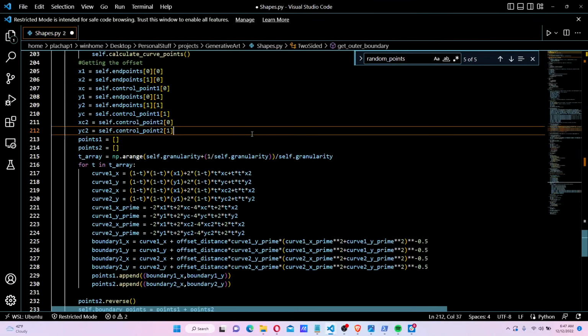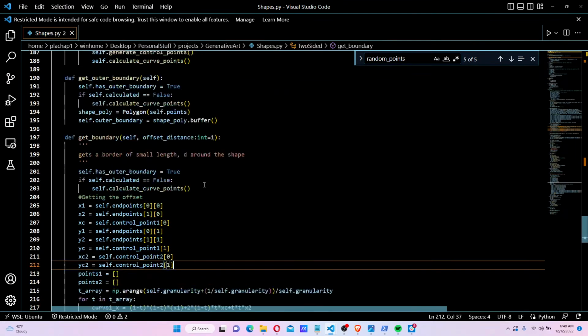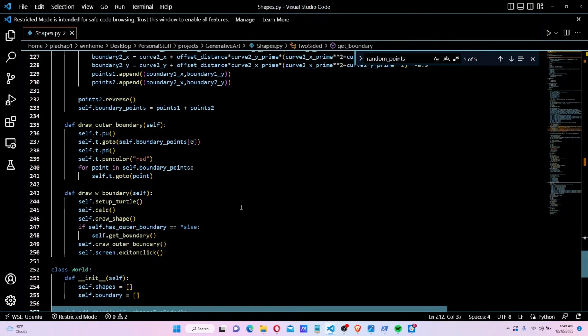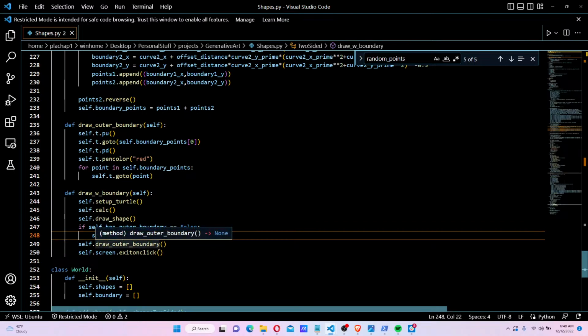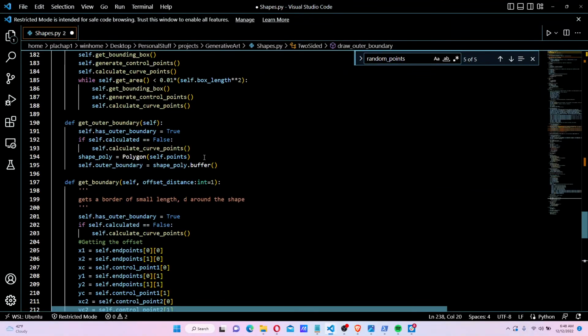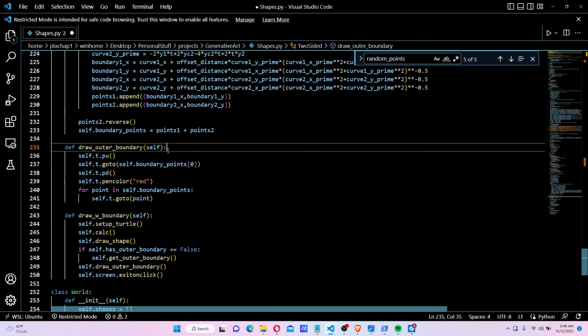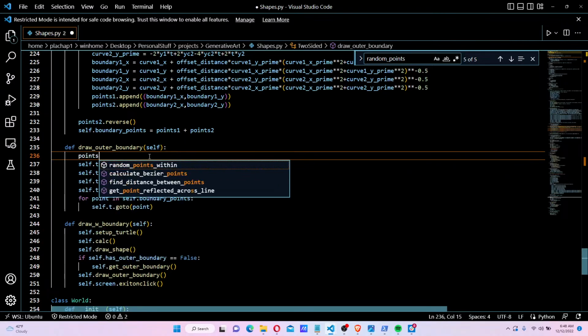So calculate curve points if they haven't yet been calculated. Get outer boundary, so get boundary now turns into get outer boundary, draw with boundary, get outer boundary. Draw outer boundary. So we're drawing self dot outer boundary. Points.